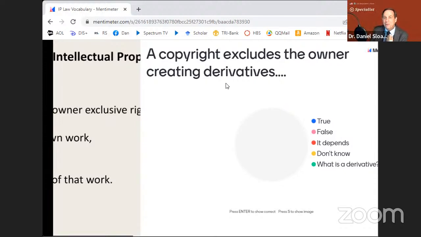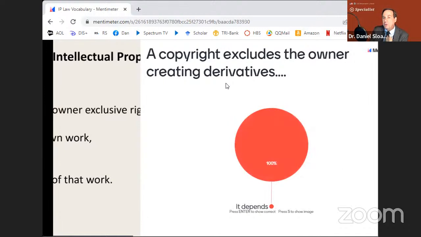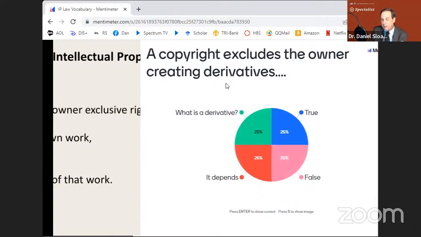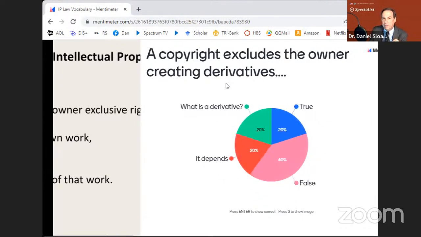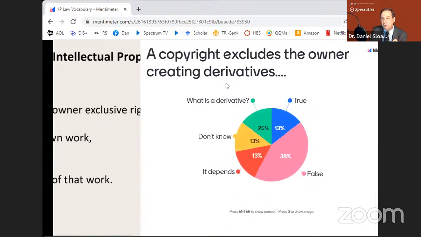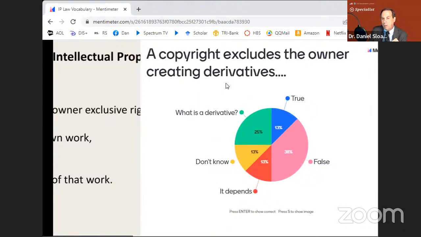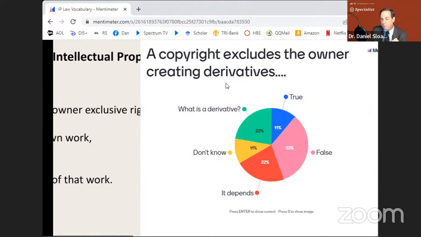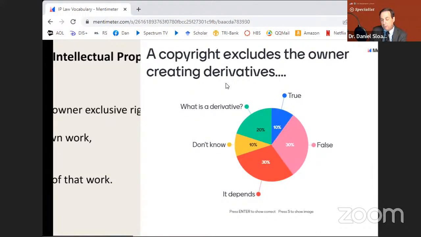A derivative is an alteration of, or I should say an extension of, the original product. Some people think of derivatives in the financial market, which is a good way to give a similarity. A derivative in the financial market would be a piece of paper, like an options contract. You have an option to buy something. You're not actually buying the product, you're buying the authority to buy the contract, or to buy the product.